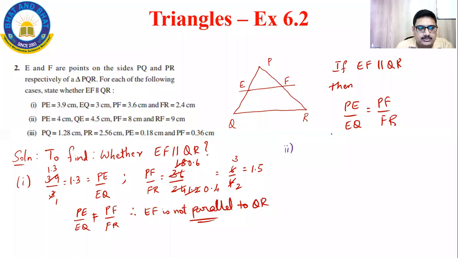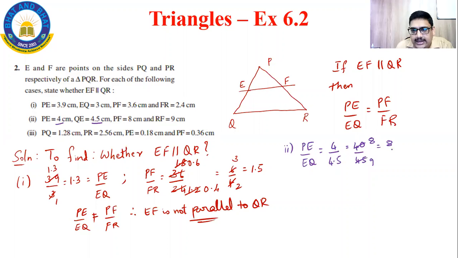So second sub part, what is PE divided by EQ? For me, PE has been given as 4. What is EQ? EQ is nothing but QE. So that is 4.5. So it is nothing but 40 divided by 45. I am just removing the decimal. That means multiply and divide by 10 so that the decimal will be removed. So 5 nines are 45, 5 eights are 40.